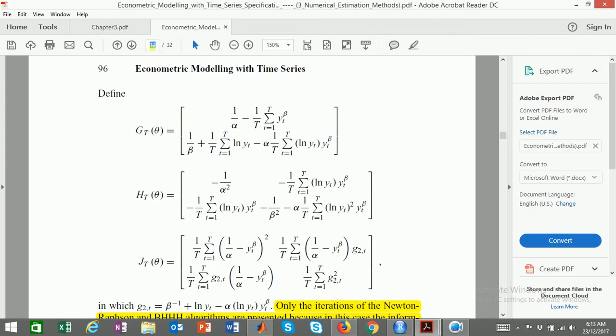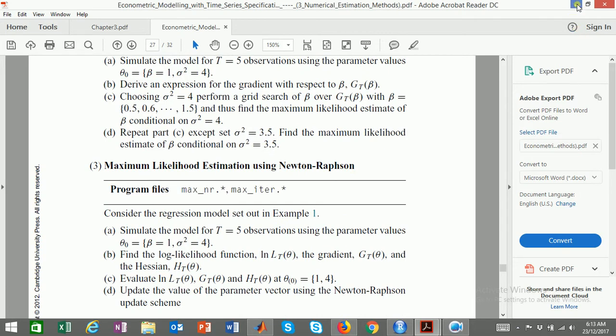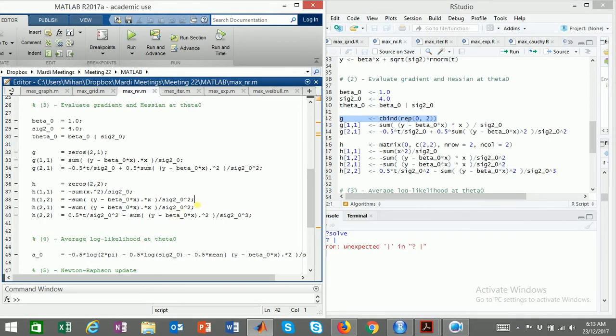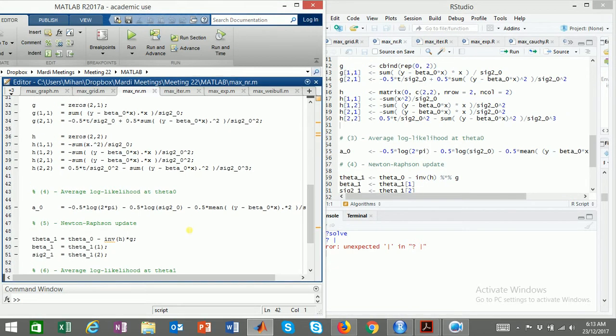So the problem is located in number 27, page 27. So that's it. We need to remember this. This is quite simple. X square divided by sigma square. Yet sometimes one might make mistakes with that.